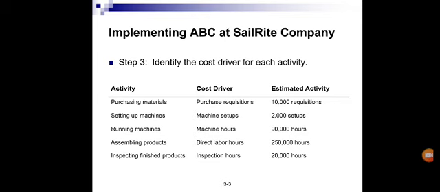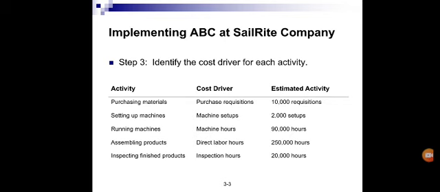So in this example, the purchasing material activity, the cost driver is the purchase requisition. The higher the purchase requisition, the higher the cost related to the purchase of material. So setting up machine activity. Logically, the more setups, the more cost.